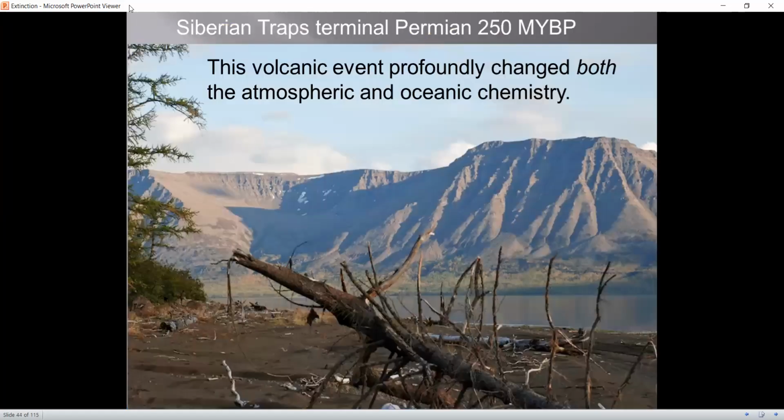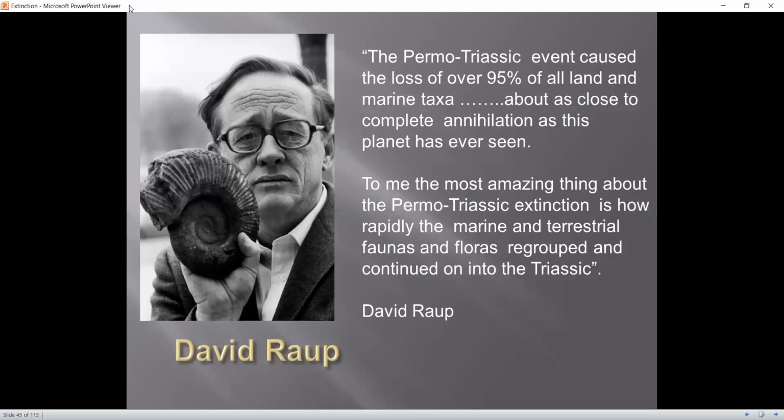A few things survived. This is a picture of the outcrop. They're really well worn because this is an old unit. It changed the atmospheric and oceanic chemistry both and caused a major mass extinction. All right, here we have David Raup, who was Jablonski and Sepkoski's major professor at the University of Chicago.